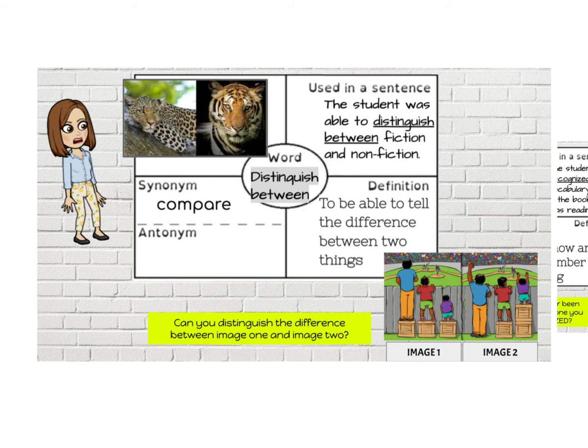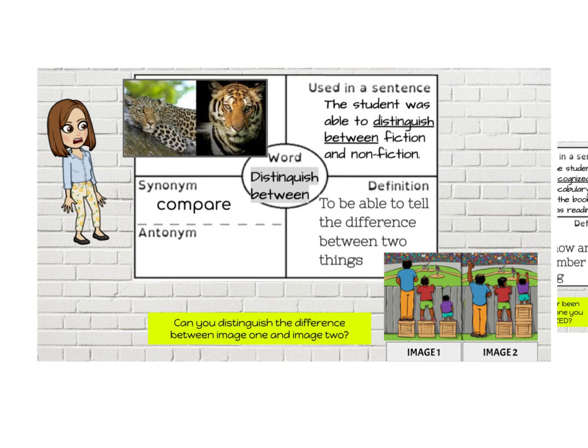You can probably distinguish between them. One has stripes and one has spots. That's called distinguishing between the 2, noticing that they're different in some way. And then I'm noticing a synonym, or a word that means the same: compare. And I bet that's a word you are more familiar with. So the phrase distinguish between means to compare.